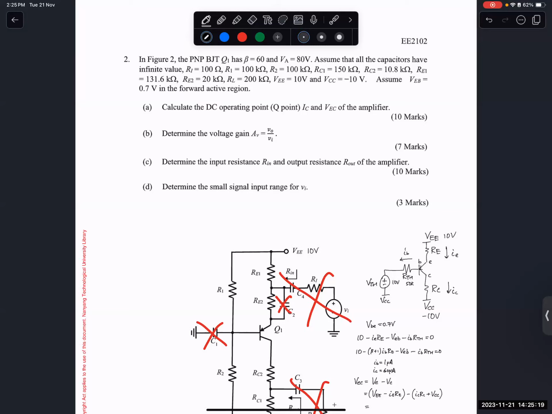RE is 131.6 kilo plus 20 kilo, right? 131.6, minus IC is 60 micro, times 20. Right, RC is what? Minus 150K plus 10.8K. Right. Plus VCC. VCC is negative 10.